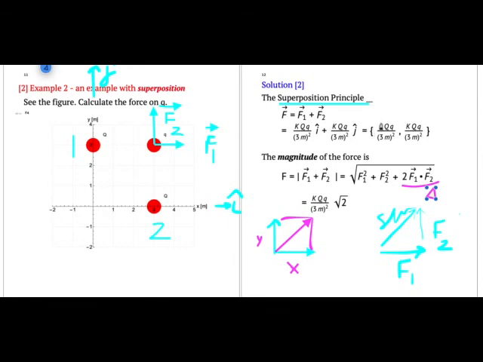So I'll have KQQ over 9 squared plus the same thing, times 2. Then I take the square root. So that'll be KQQ over 3m squared times the square root of 2.